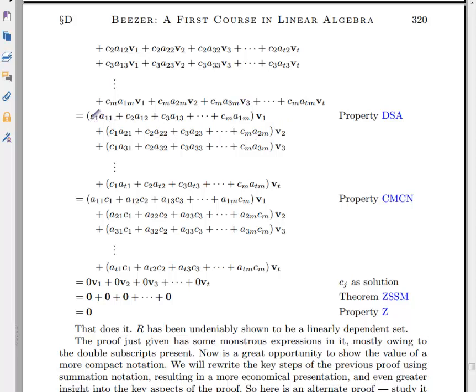Now notice something. C was the solution to the homogeneous system with matrix A11 up to A1M. So in fact, since C is the homogeneous solution, this sum here is 0. This is 0. This is 0. All of these are 0. So what do we have here?